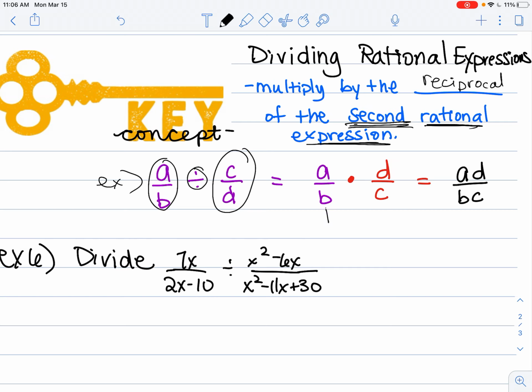So that's what we did here. We kept the first fraction, changed the division to multiplication, and we made the reciprocal of c over d, which is d over c. Once we have that, now we just multiply, which we know how to do already. So we're going to say a times d is ad, and b times c is bc right here.